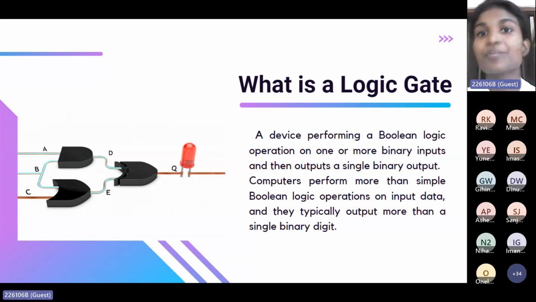But computers don't just store information. They process it, transforming inputs into outputs. That's where logic gates come in. And here is a definition for the logic gate. Logic gates are the building blocks of computer circuits. They accept inputs and produce outputs according to a set of logical rules.